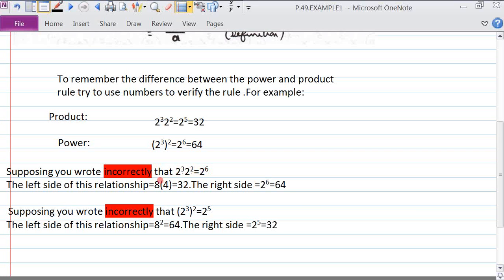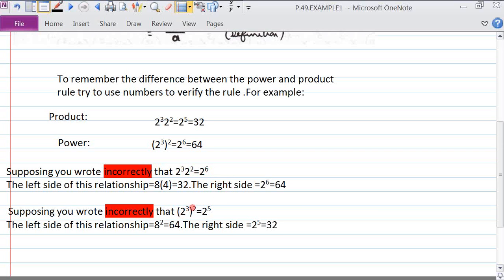Well, 2 cubed is 8. 2 multiplied by itself 3 times is 8. 2 multiplied by itself is 4, 2 squared, and 8 times 4 is 32. Well, the left side would be 32, but you know that 2 to the 6th is 64, so 32 can't equal 64, so you've got the wrong number right here. This should be 5.